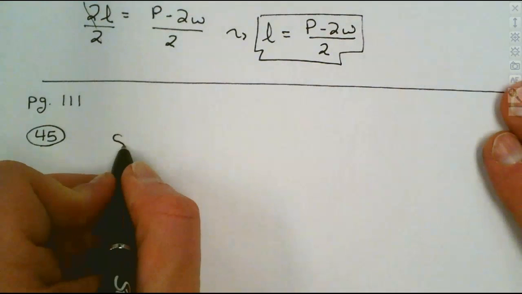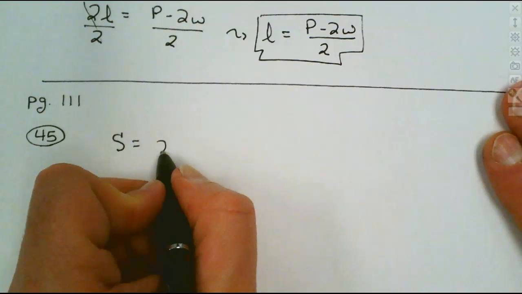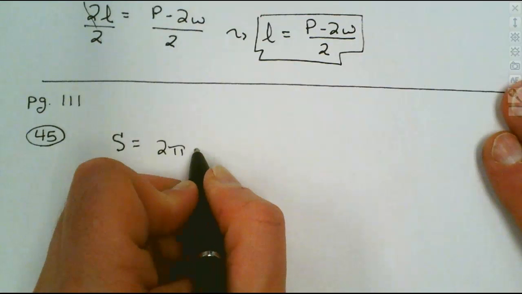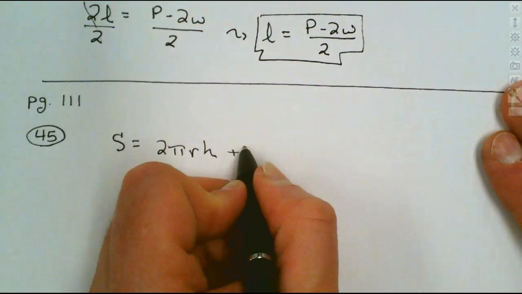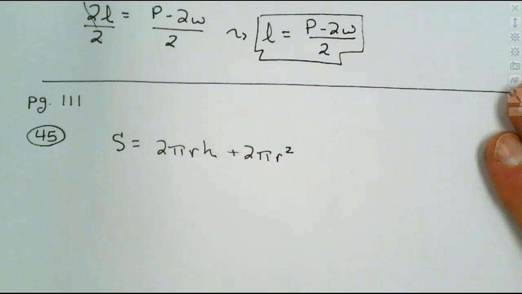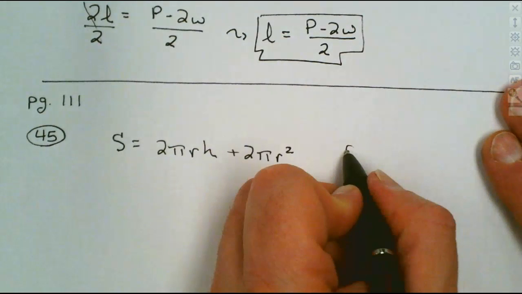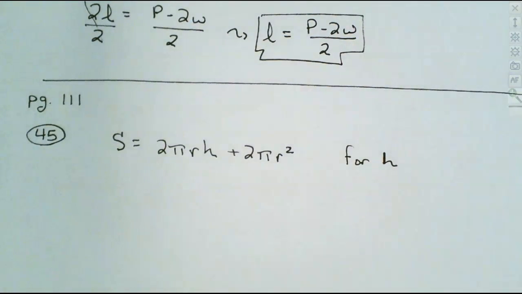And this is S equals 2 pi R H plus 2 pi R squared. And they want you to solve for the variable H. So we're going to be trying to solve this for our variable H.